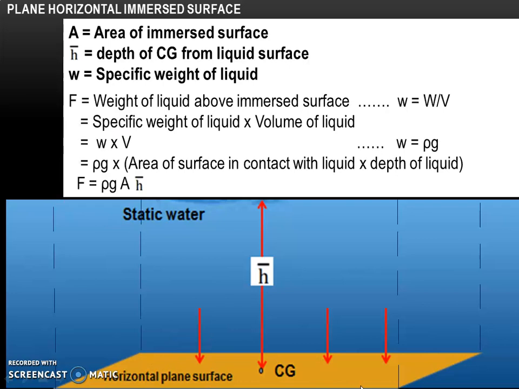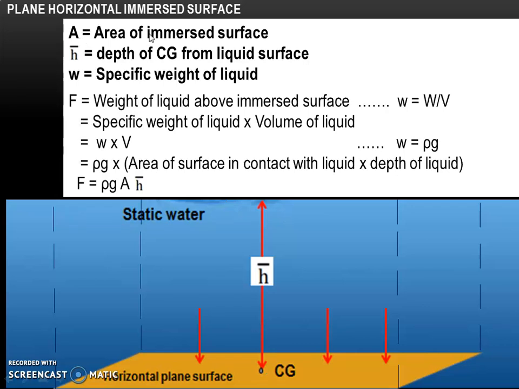Let this be the horizontal plane surface which is immersed in static water, that is water which is at rest. Let Cg indicate the center of gravity of the horizontal plane surface and h bar is the distance of Cg from the surface of water.